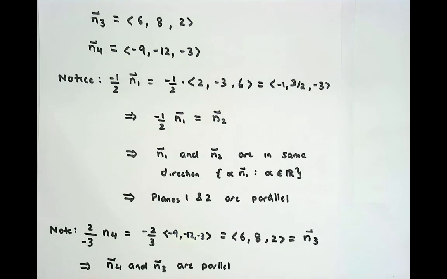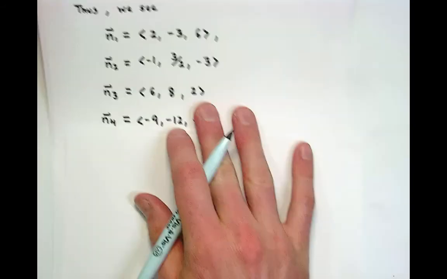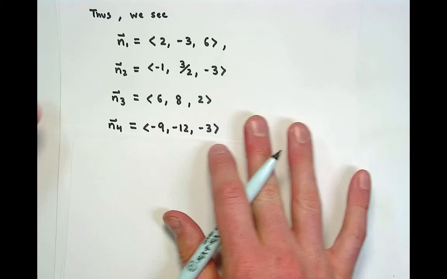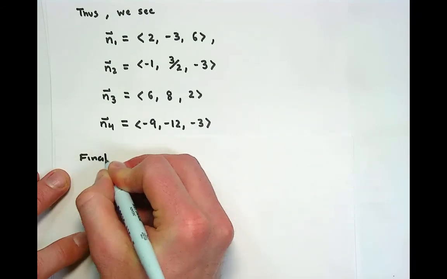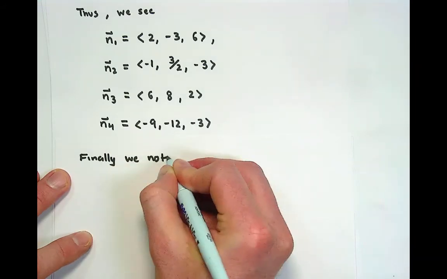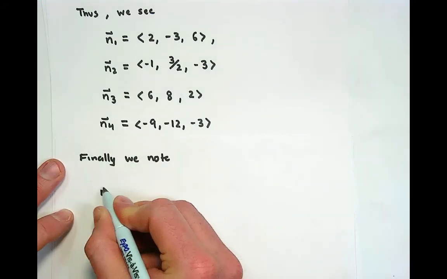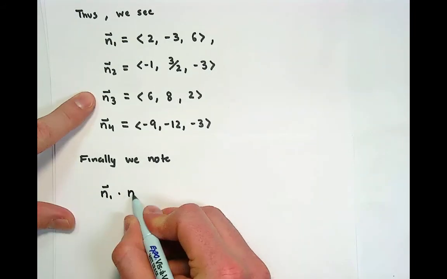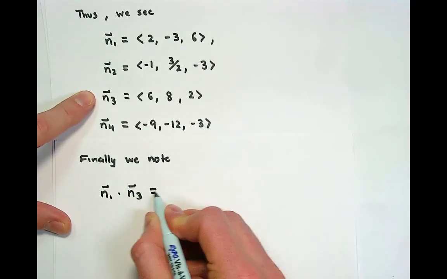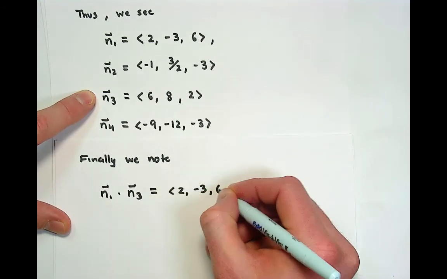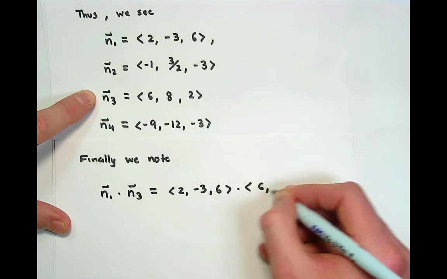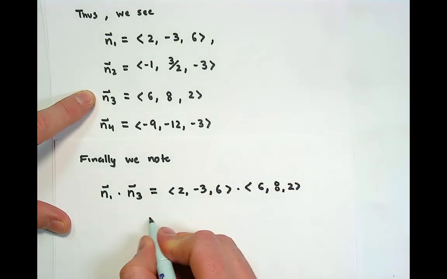The last thing that we're going to do is investigate whether or not any of these planes are orthogonal. To do that, let's take a look at the normal vector, since that allows us to check orthogonality quite quickly. Finally, we notice that if I take n1 dotted with n3, this would be 2, -3, 6, and I'm going to dot that with 6, 8, 2.